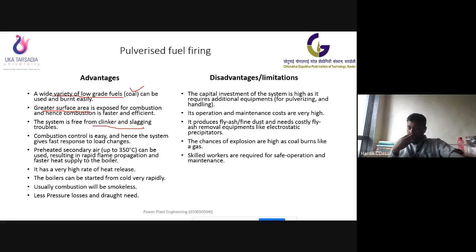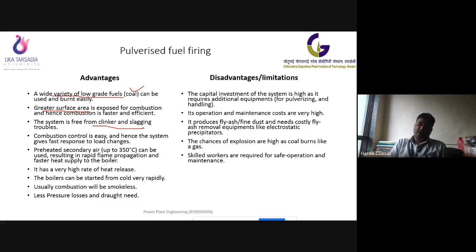See, in the Stoker furnaces, there is one problem associated with them, called clinker and slag formation. The clinker is a kind of solid stone-like thing which results from the chemical reaction occurring inside the furnace.